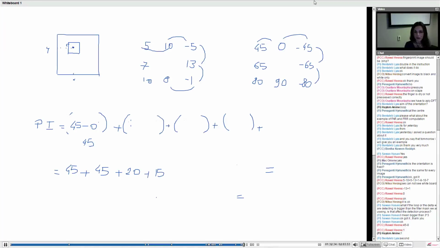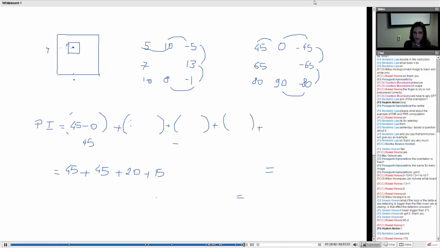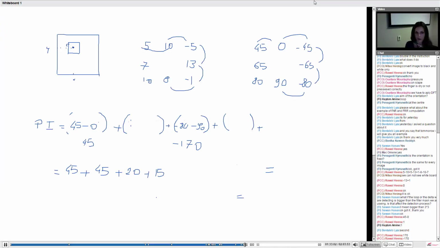And then we have again this case, 15, minus 80 minus 90 is minus 170. It's minus, right? I go from minus 80 to minus 90, so it's minus 170, minus 90.